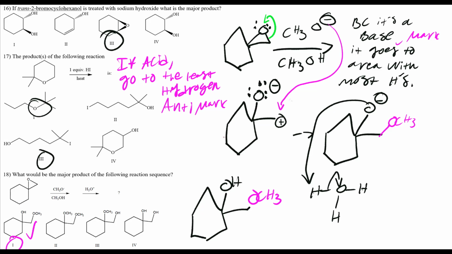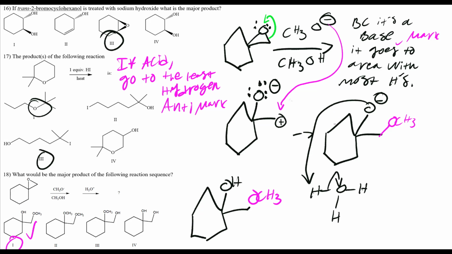You can take a screenshot of that, but if it's a base, B is for better, so it's going to go to Mark. But if it's an acid, A is for attack. So he's really going to try to attack the area with the least amount of hydrogens. So it's kind of like an anti-Markovnikov reaction.